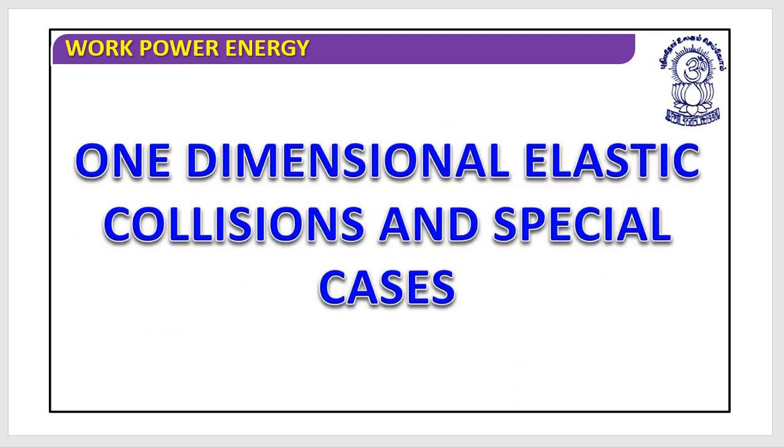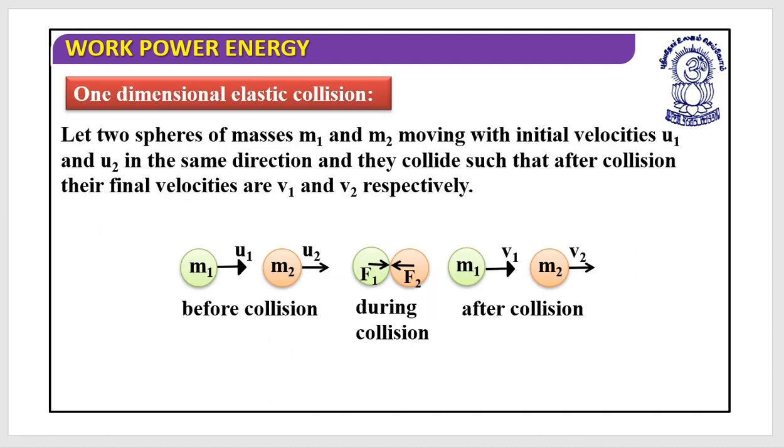So now let's begin with the one dimensional elastic collisions, and we are also going to cover their special cases. Let's have a look over this, and please be very careful. It's a one dimensional elastic collision. Let's suppose that two spheres of masses m1 and m2 are moving with initial velocities u1 and u2, and they are moving in the same direction.